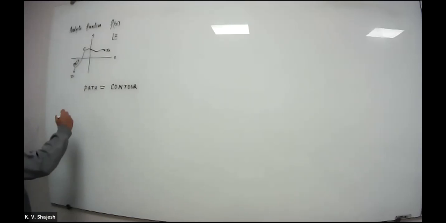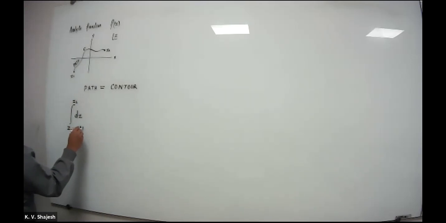So that's a contour, and we want to see how does it matter, right? So we want to do the integral of dz going from z1 to z2, and I have to specify the contour, which is, let me at this point say this is path, of f of z.